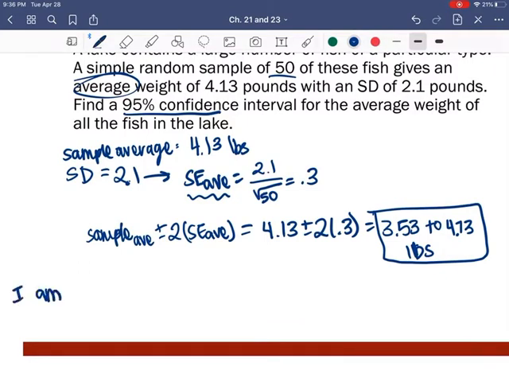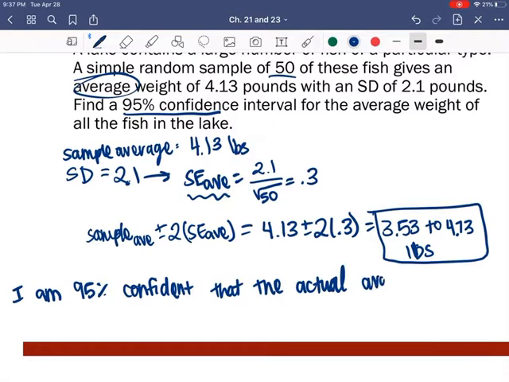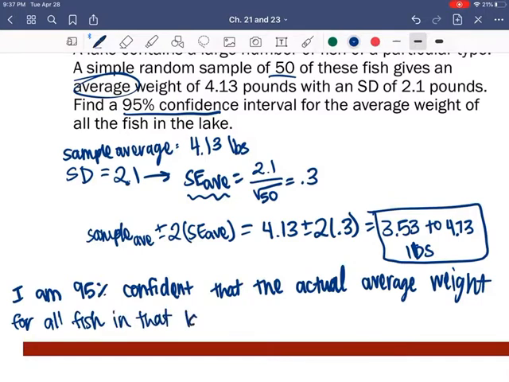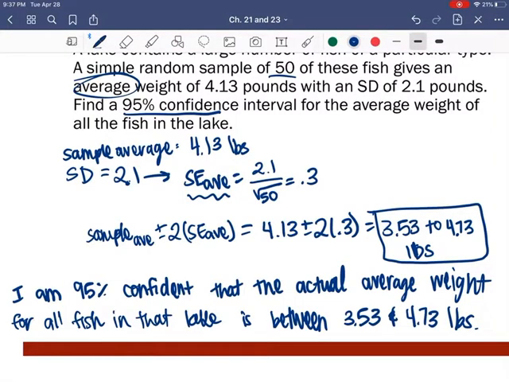So to write that, I'm going to say I am 95% confident that the actual or true average weight for all fish in that lake is between 3.53 and 4.73 pounds.